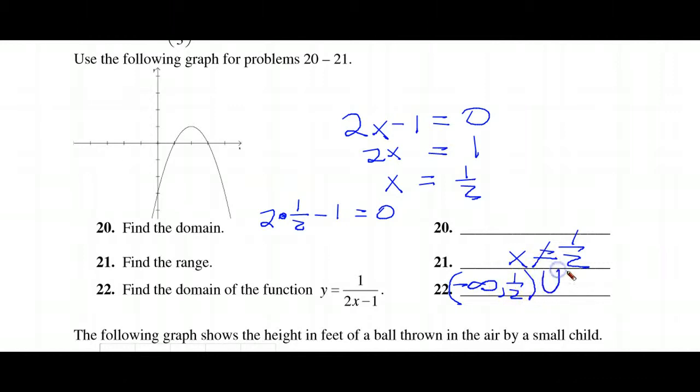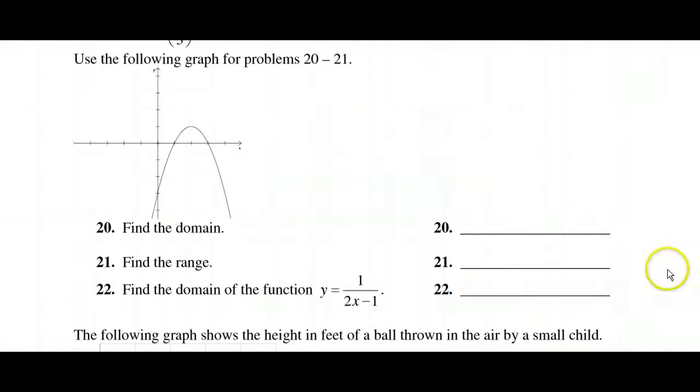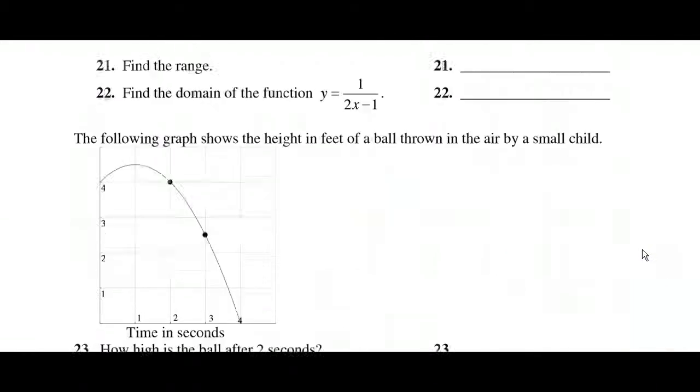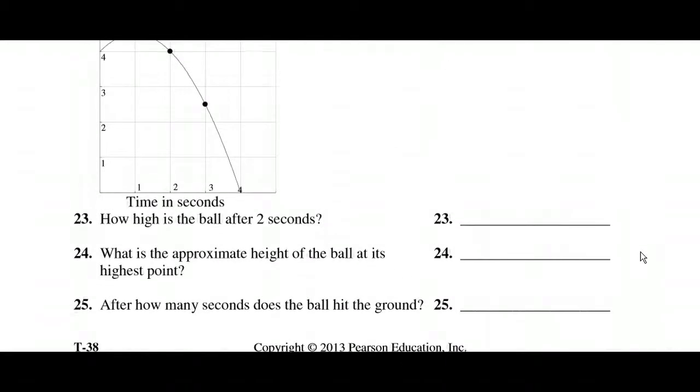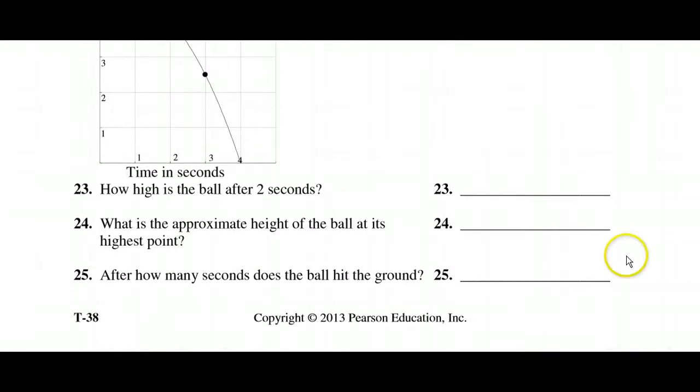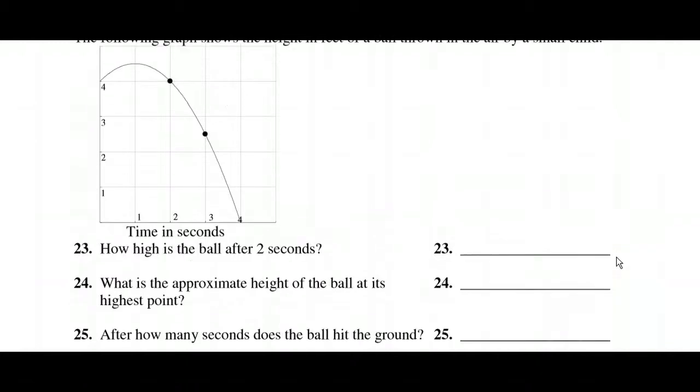Then we have a union with 1/2 the other side of it, and then it goes to positive infinity. Okay, well, we're almost finished, but we're up to 30 minutes here. And your test is not going to be this long, but a good review.